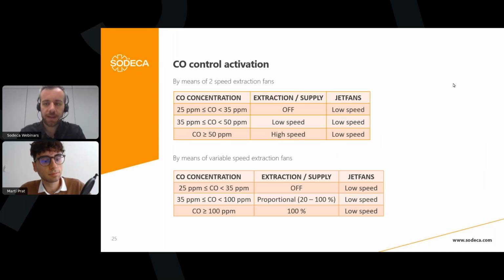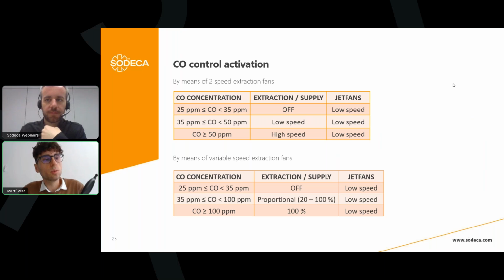Okay, and if they want to do it, they can ask for a CFD, on our part, no, Martí? Yes, I do many fire CFDs and CO CFDs, but this is something important in some car parks. Why do we want to do a CFD in a project?